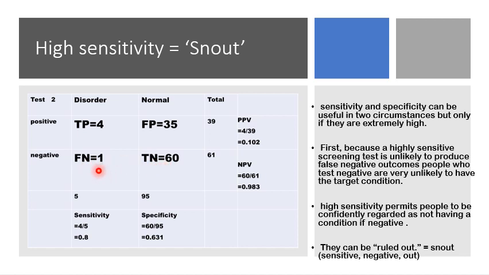So if you have high sensitivity, like 80%, and a negative result, it means that you are more likely to be actually negative, truly negative. You will be out of the disorders. You remember this by SNOUT. SN would stand for sensitivity, N for negative again, and OUT would mean that if a high sensitivity and a negative result, you are actually out, you are actually truly negative.